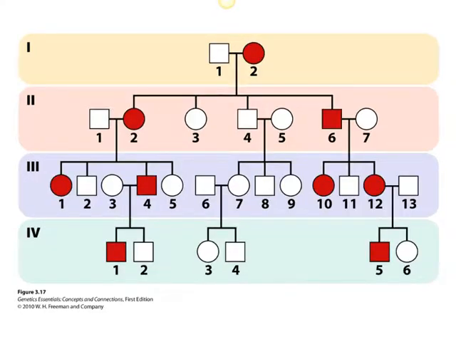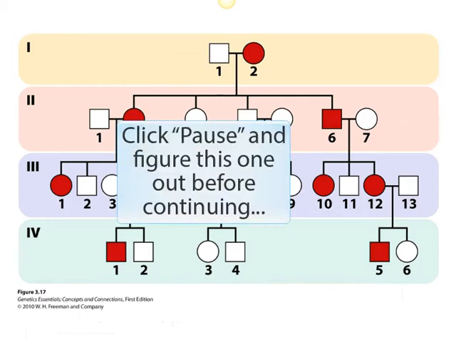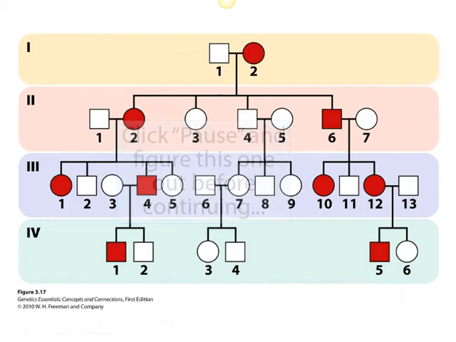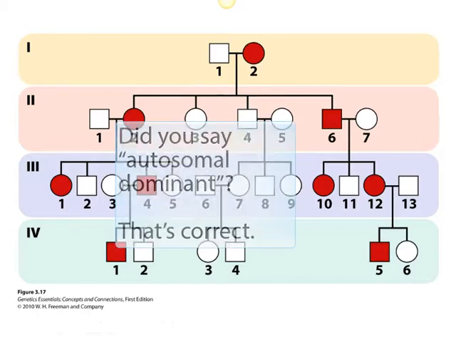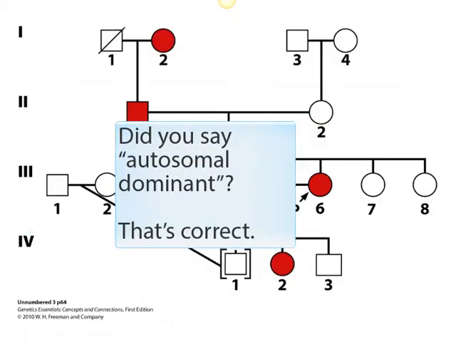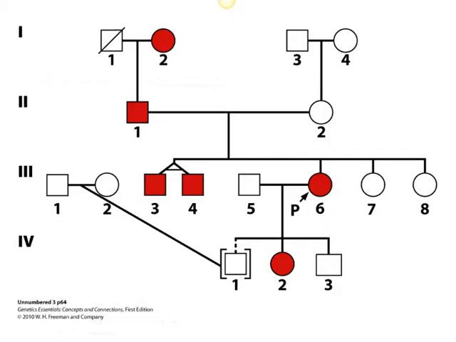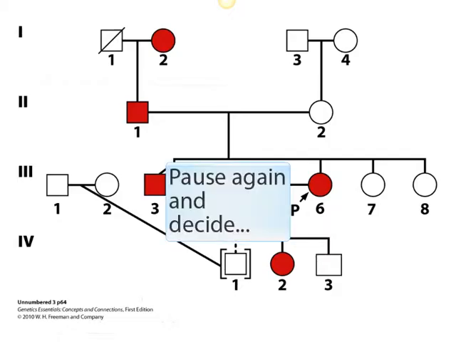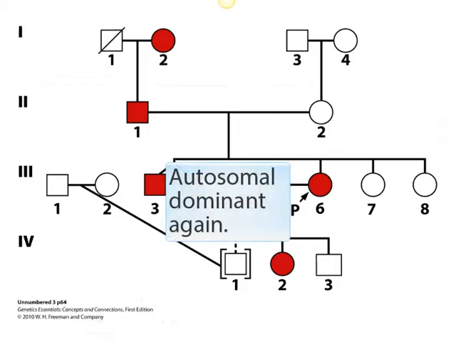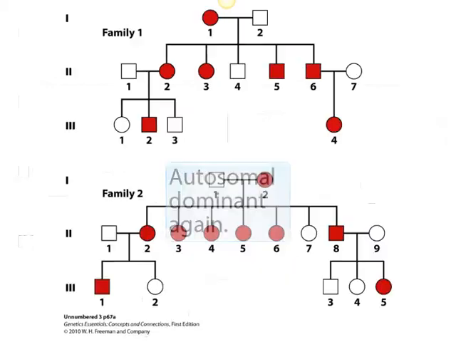All right, so what about this one? And what do you think about this one? All right, now we have family 1 and family 2, and actually they both have the same mode of transmission.